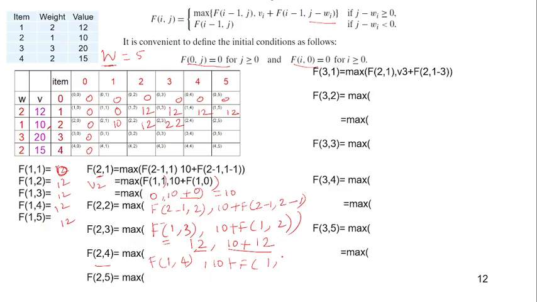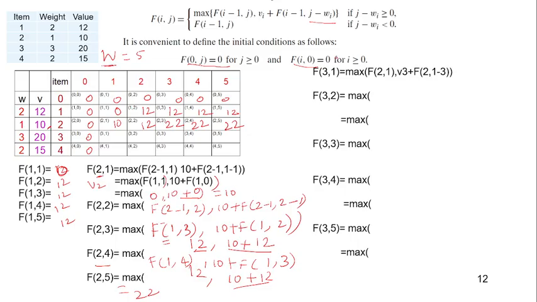So 1 comma 3. What is the value here? 12 comma 10 plus f of 1 comma 3, which is 12. So here also you have 22. And similarly, here also you will have 22.